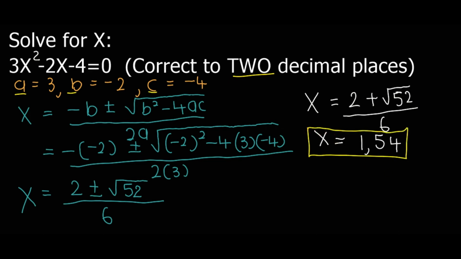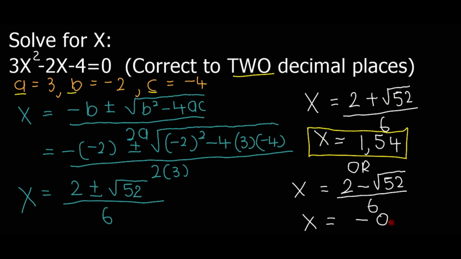And then we will do the second one with minus. So we will say x is equal to, and then we say 2 minus, and then we say root 52, and then over 6. We press this one, 2 minus root 52 over 6, you will get negative 0.87 because we round off to 2 decimal places.